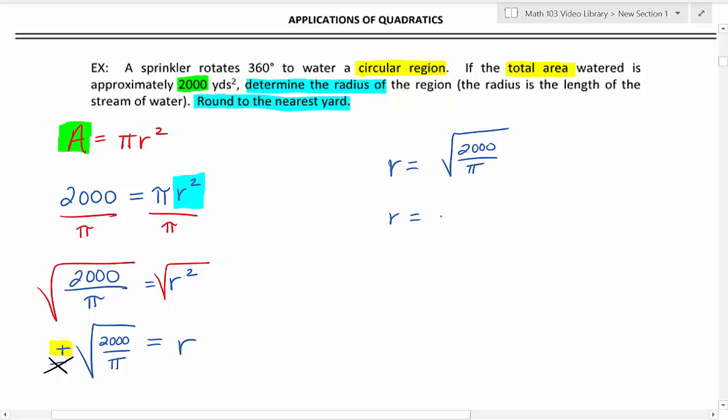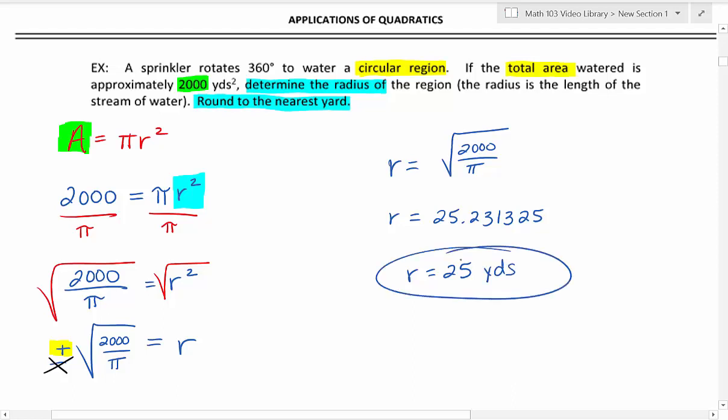When we plug this into our calculator, we get 25.231325. The directions told us to round to the nearest yard. So that'll be 25. And lastly, we need to include our unit, which is yards. We get the answer, r equals 25 yards.